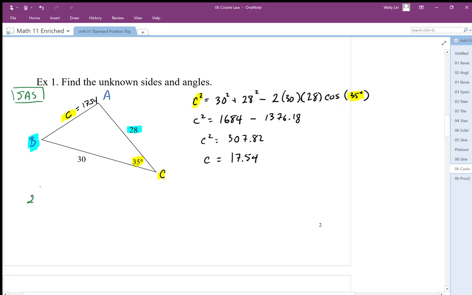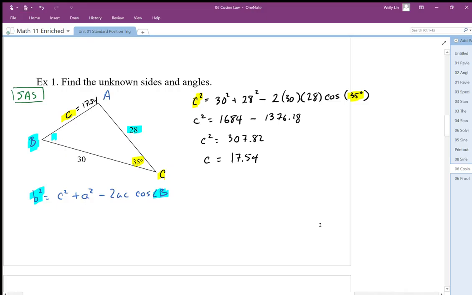Let me write it out. B squared equals C squared plus A squared minus 2AC cosine of angle B. That's going to find this angle B in here. As long as the opposite side and angle show up in my equation, with the angle here and the side here, the cosine law will work.